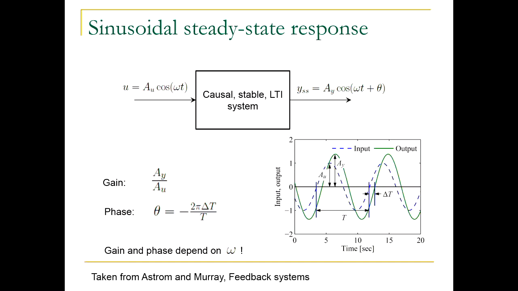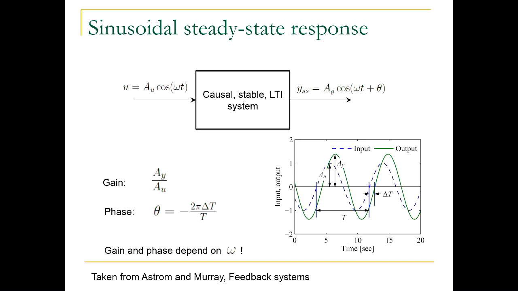So from this delta t, we can define the phase, and phase would be this theta in the equation above, right? And we will have the gain. So what is the gain at that frequency? Well, it's the ratio of the output and input amplitudes. So what does this mean?